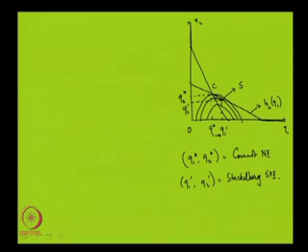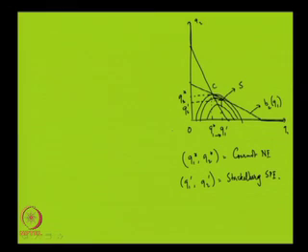Similarly, if I had drawn the isoprofit curves of firm 2, I am not doing that because it will be very messy. I can see that the isoprofit curve of firm 2 which passes through S is further away from the vertical axis than the one which passes through C. So, at S firm 2 is earning less profit than it was earning in the Cournot-Nash equilibrium.